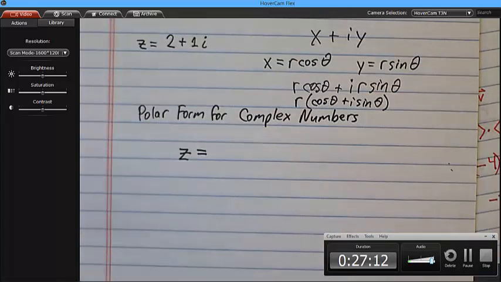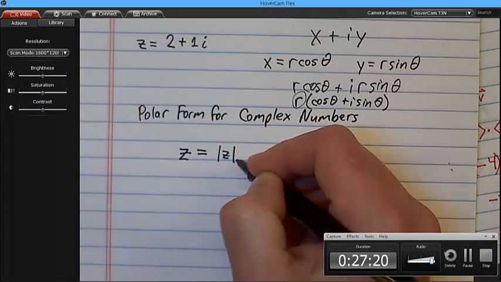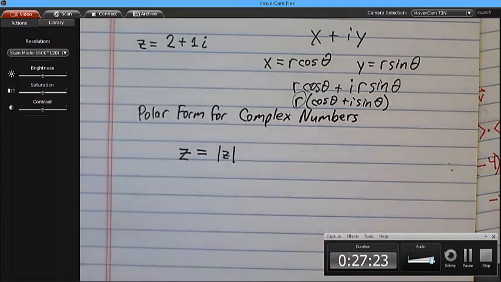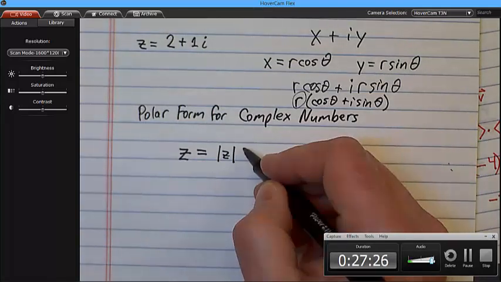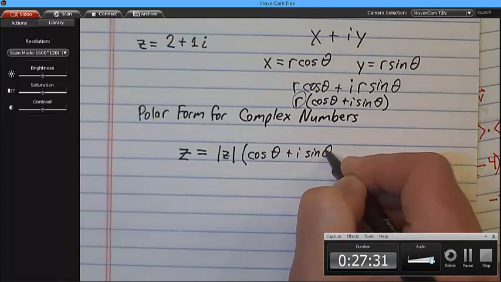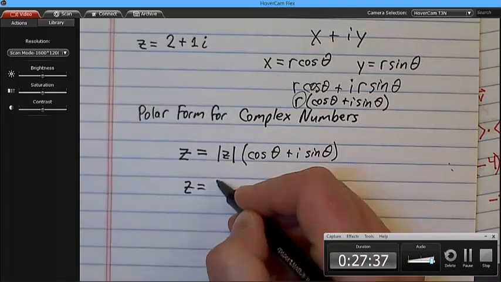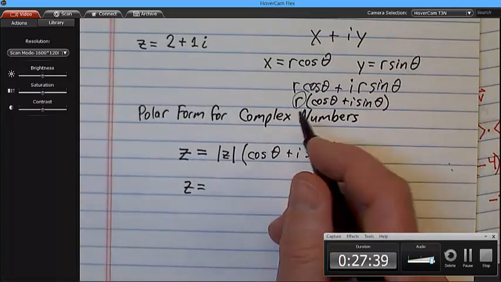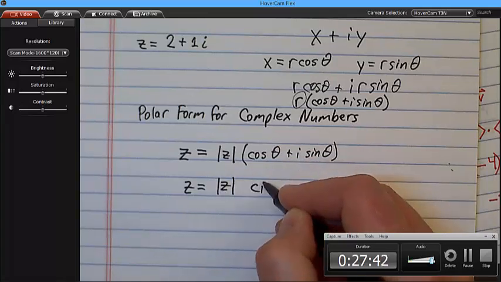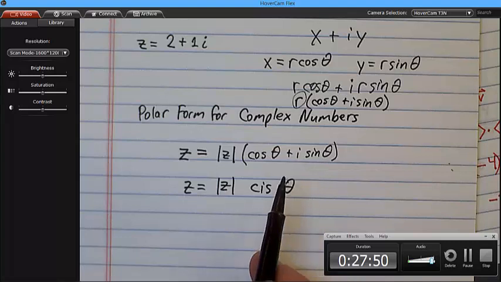Now wait a minute. We have another name for r. The other name for r is the magnitude or the modulus of z. And then what I'll have is cosine theta plus i sine theta. Dr. Stitz likes shorthand, so he just says z equals modulus z, and then he writes cis theta. So when he writes that, that's just shorthand for writing cosine theta plus i sine theta.